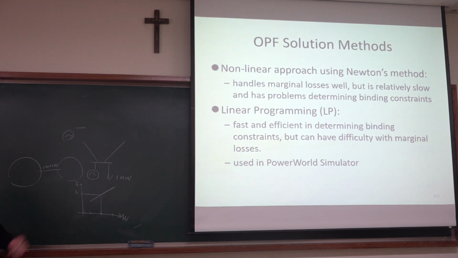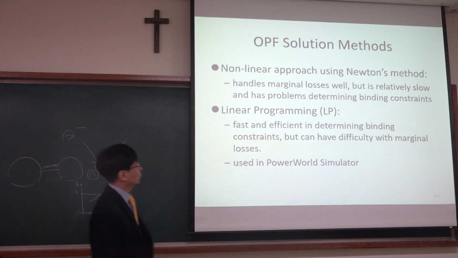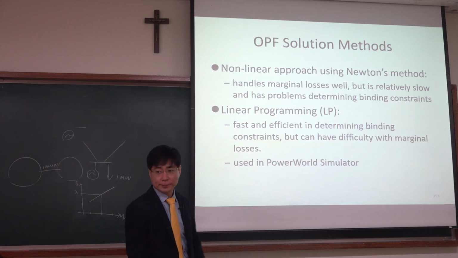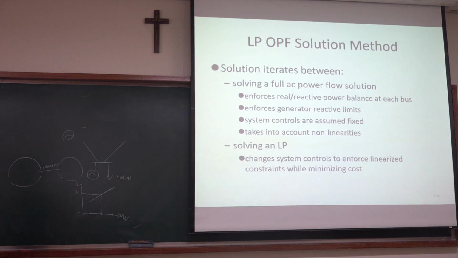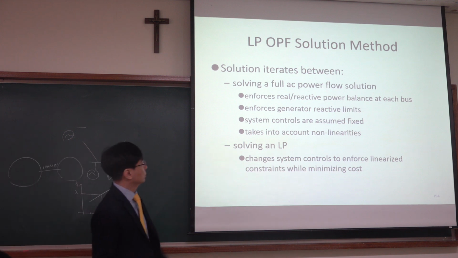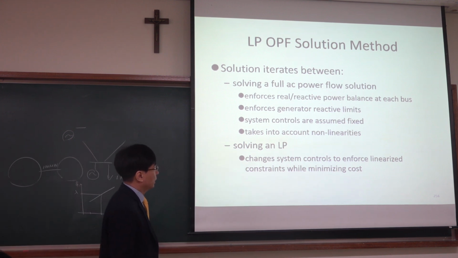I don't know whether that is improved or not, so please check it on your own. So in the linear programming OPF solution method, the solution iterates between solving a full AC power flow solution, but that is not easy, and solving an LP, the approximate version of that.